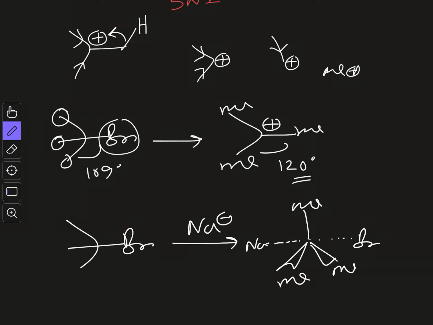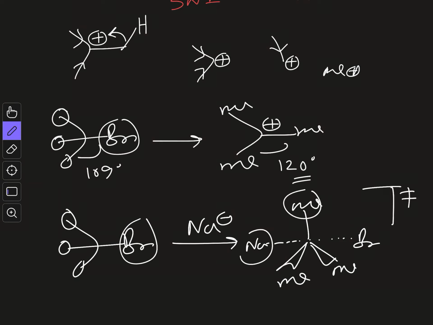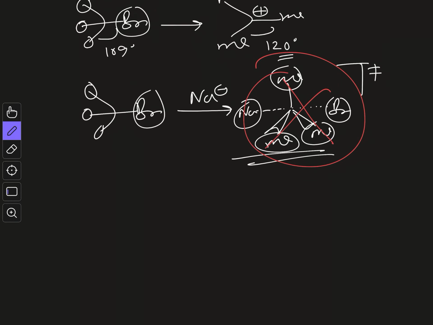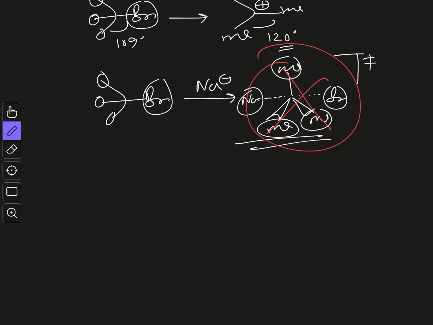Initially we had only four groups. At the transition state we have five groups around a small carbon atom, and this is a very bad situation. This cannot exist, and that's why it doesn't undergo the SN2 reaction. So this is the effect of the substrate on the rate of SN2 and SN1 reactions.